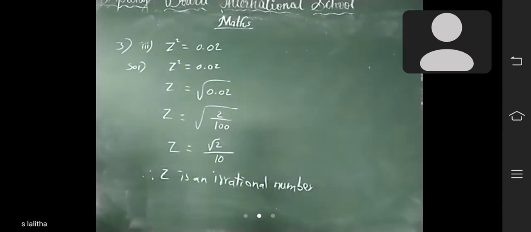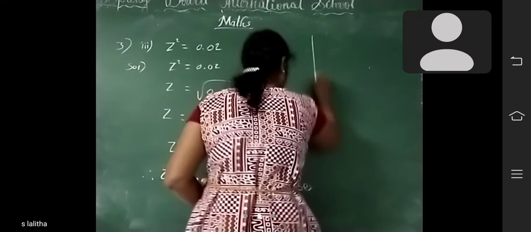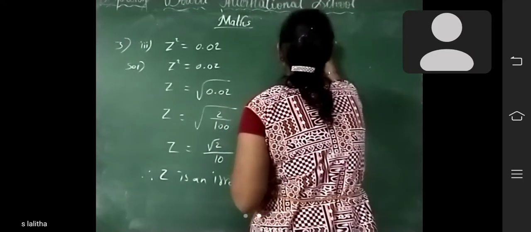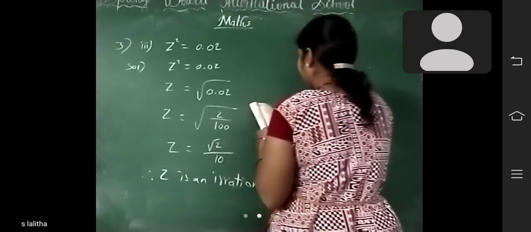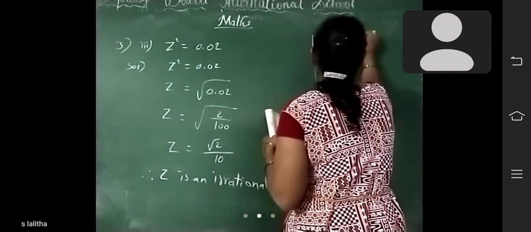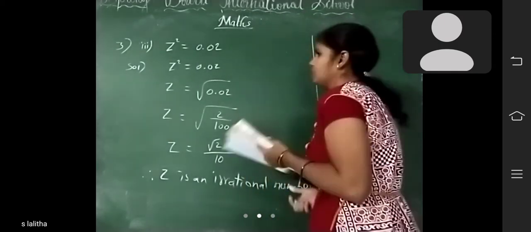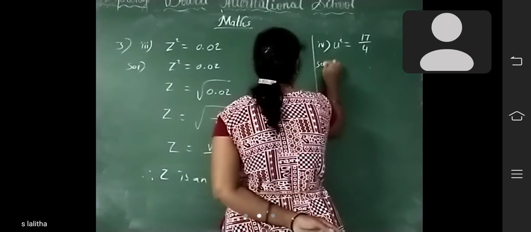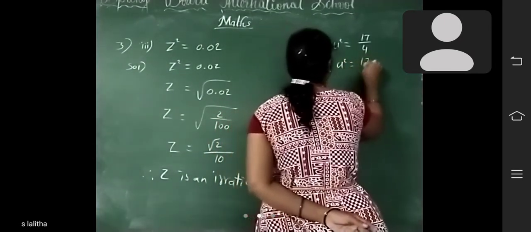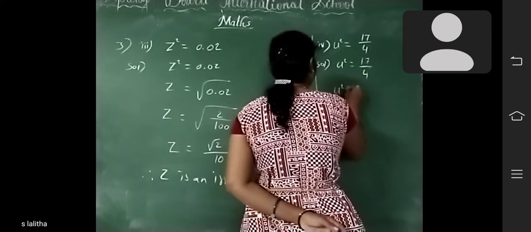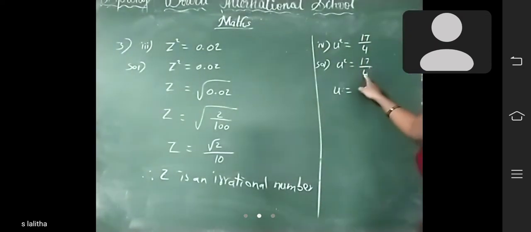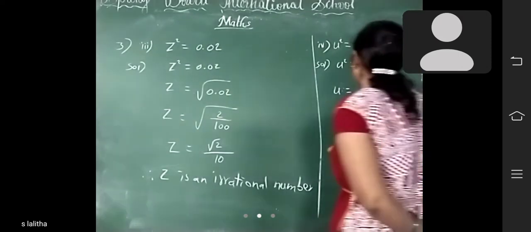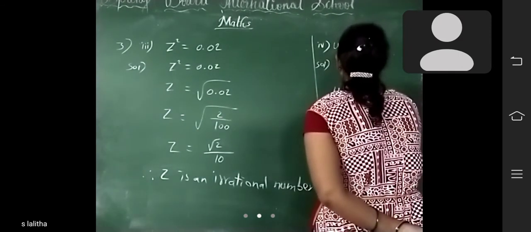Okay. Next, fourth one. U square equal to 17 by 4. U square is equal to 17 by 4. So U square, here square is there. If you transpose to the right hand side, what will it become? Square root of 17 by 4.